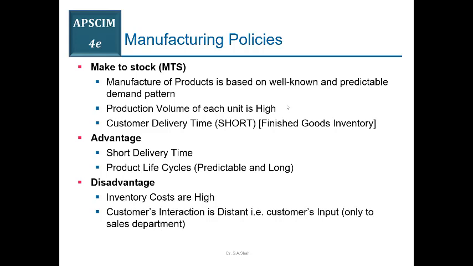So for the next span of time, which may be 1 year or 2 years or 3 years, maybe 10 years, that will depend on the type of the product.